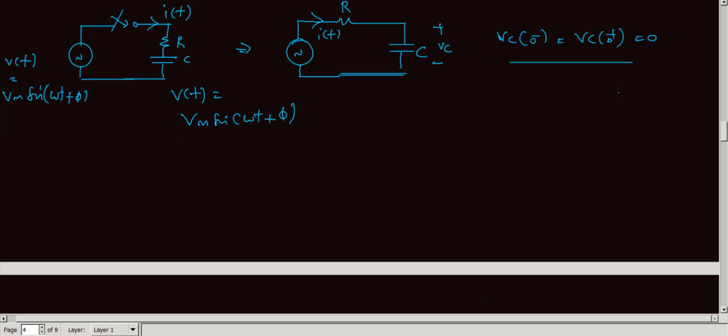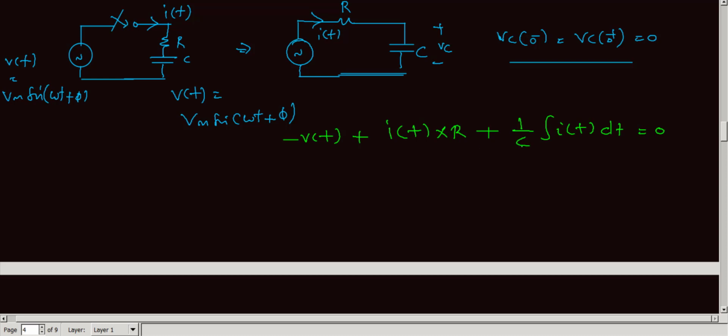So I am applying KVL here: minus V of t plus I of t into R plus 1 by C integral I of t dt. So this is the equation I am getting.